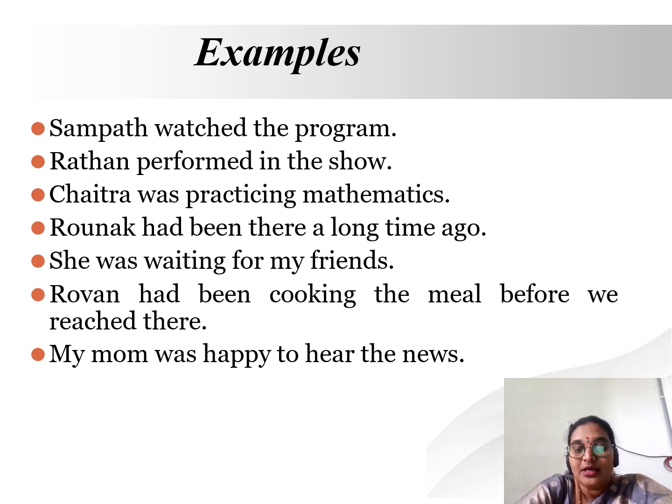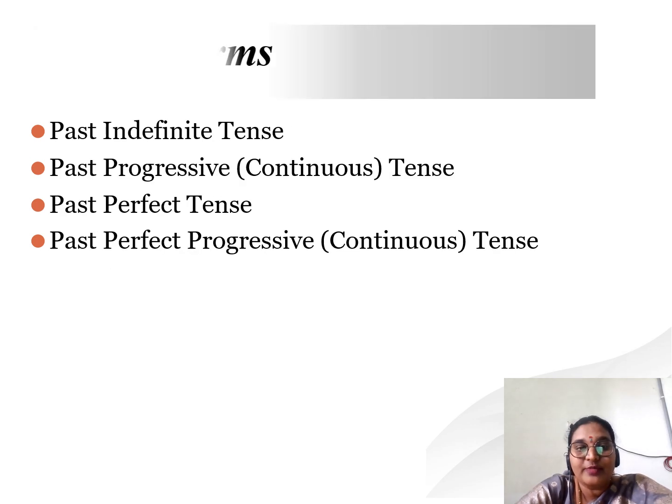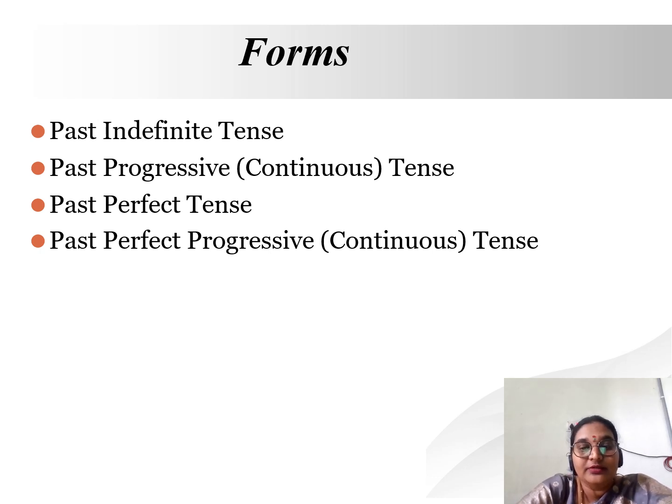And let us see what are the four forms of past tense. So here are the four forms: past indefinite tense, also called simple past tense, past progressive tense, or else we can call this past continuous tense, past perfect tense, as well as past perfect progressive or continuous tense.